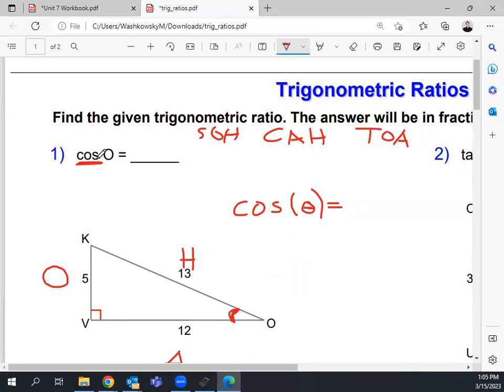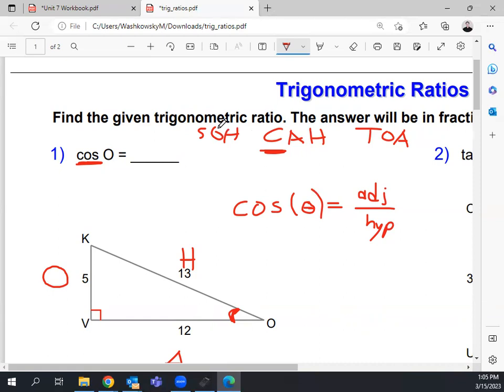Cosine of theta, I'm using cos because it tells me to, is equal to, so if I'm using cos, that's this one right here that I'm underlining, what's my formula before we get to the numbers? So it'd be A divided by H, right? That's what that comma means up there. So it's my adjacent divided by my hypotenuse.